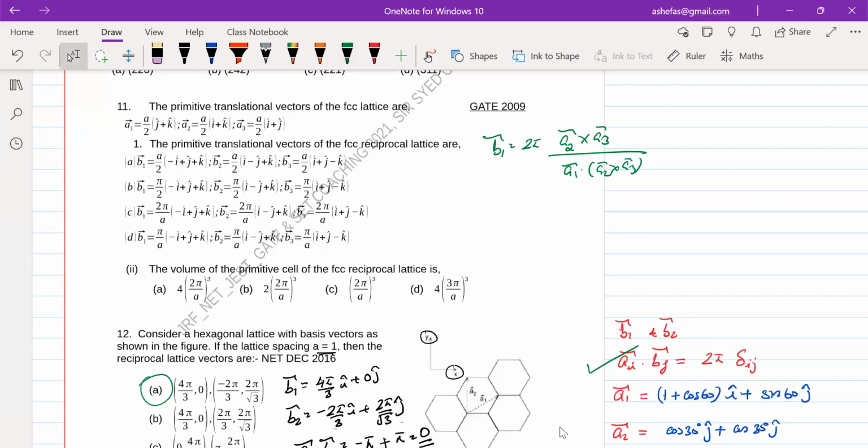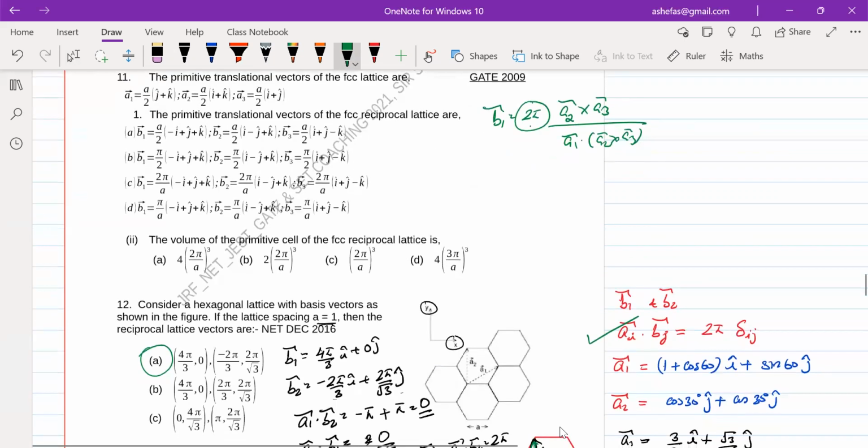Now remember, in certain problems this 2 pi may not be there, so we have to check it. If the 2 pi factor is missing, you can ignore it and just calculate the answer. But you can see 2 pi is there, so better you keep the 2 pi and do the calculation, and you can find the answer.